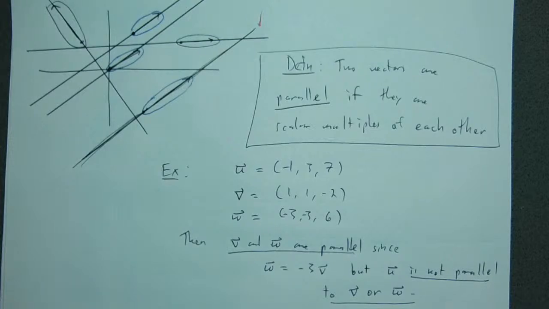Okay, and of course this is easy to see if you have two vectors written out. It's really easy to see if one is a scalar multiple of the other. You can just go component by component, right? Right, exactly. Someone just said you can still determine which ones are parallel without translating them away from the origin because they'll have the same slope and they'll lie on top of each other.